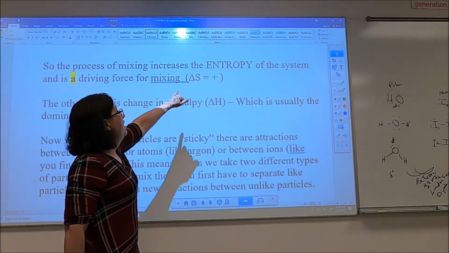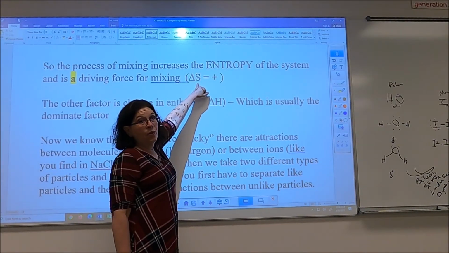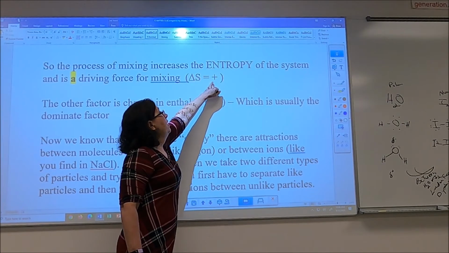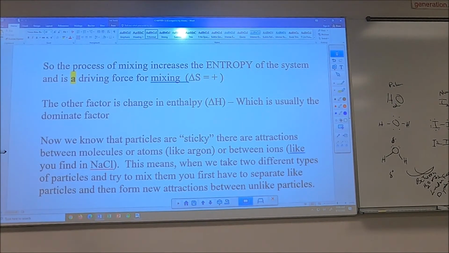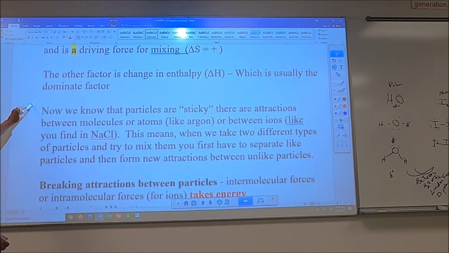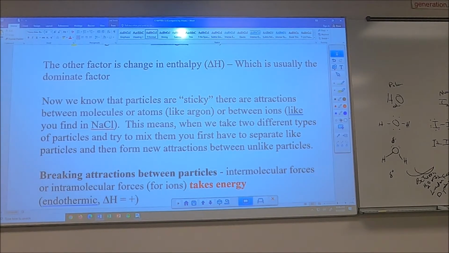So we can say the change in entropy, the symbol for entropy is S, is going to be positive when things mix. Now, the other factor is change in enthalpy. You remember from last semester, change in enthalpy is sometimes called heat energy, and it can be endothermic or exothermic. Endothermic means that it's taking energy into the system.